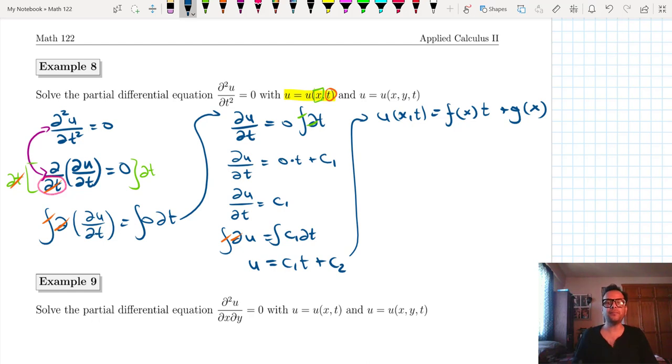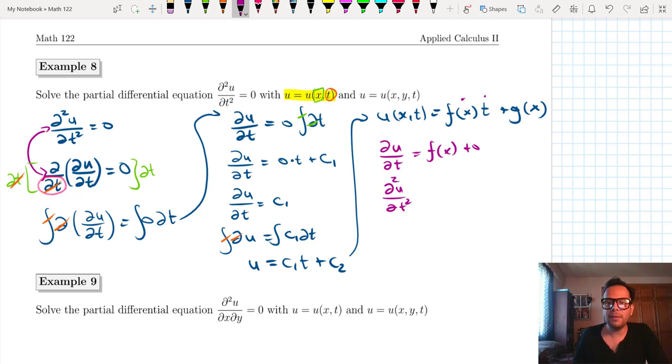Now, if you take the partial derivative of this, let me do it real quick, the derivative of u with respect to t: f of x is some constant, so the derivative of a constant times t is just that constant, and the derivative of a constant is 0. Now take the second partial derivative with respect to t.